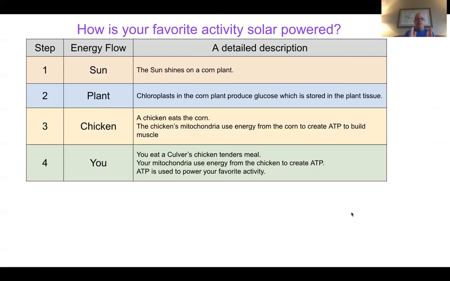Now, if you happen to be a vegetarian and you don't want to put a chicken in that diagram, your energy flow is going to be shorter. It's going to go from the sun to the plant to you. So instead of having chicken eat the corn, you're going to have to eat the kale. I've heard some people can actually eat that stuff.